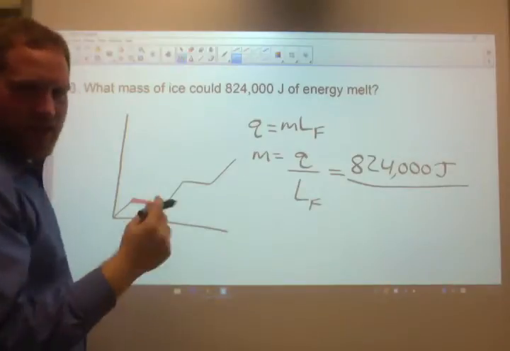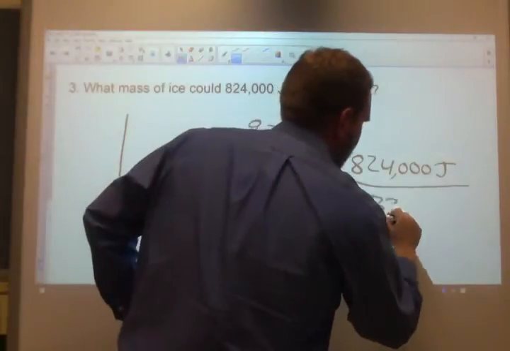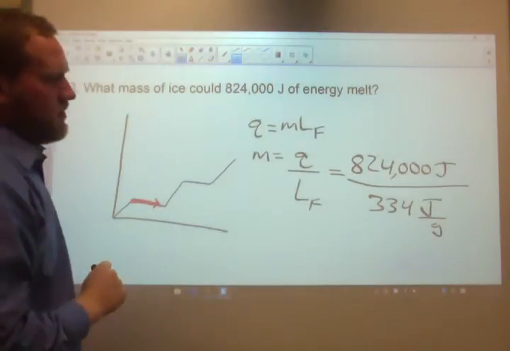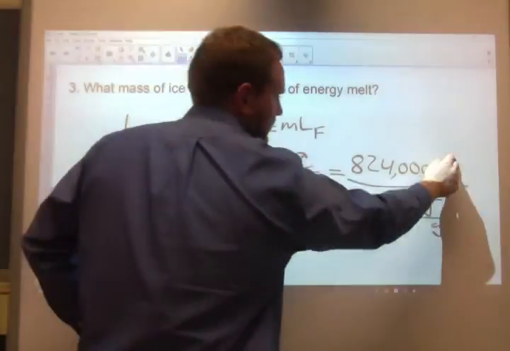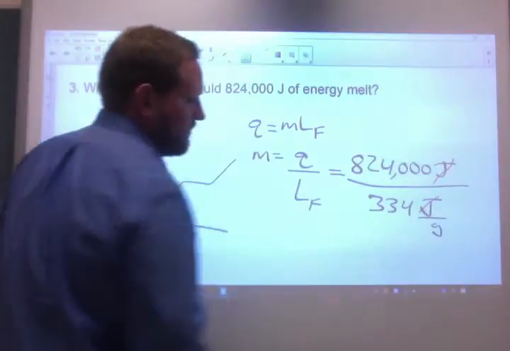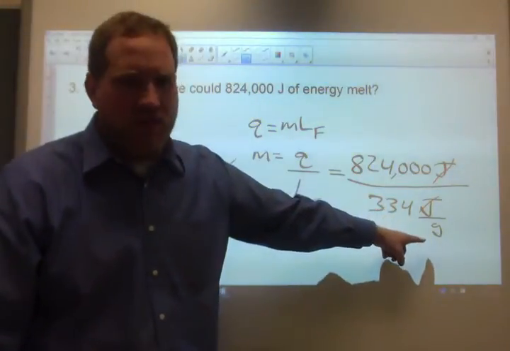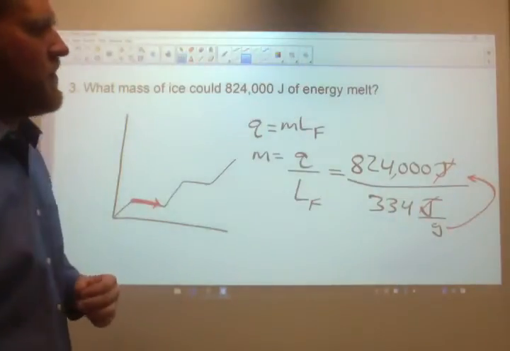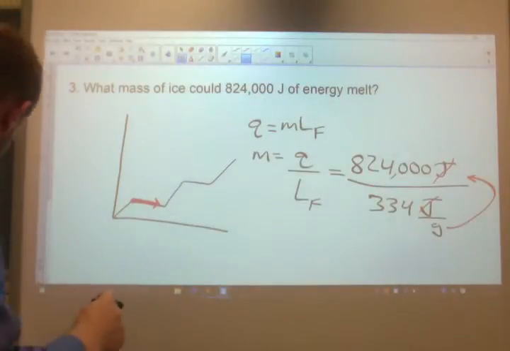Latent heat of fusion, that you would look up again, 334 joules per gram. Now with the units here, numerator joule cancels denominator joule. And then here I have the inverse of the inverse, which basically means that gram is going to pop out back on top. And that's the unit I'm looking for.